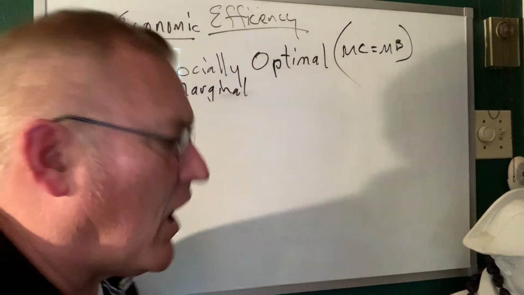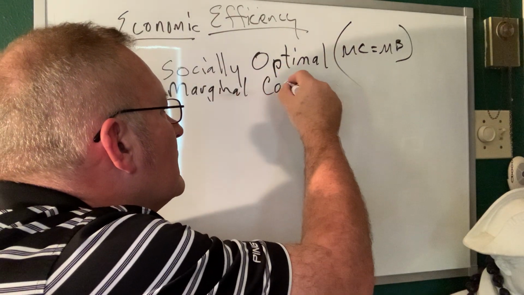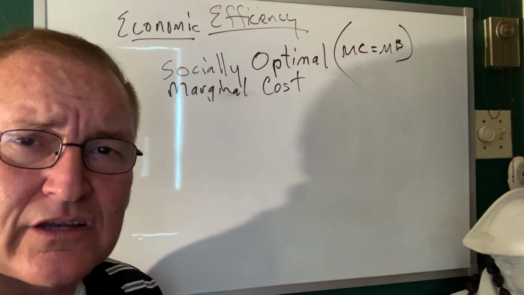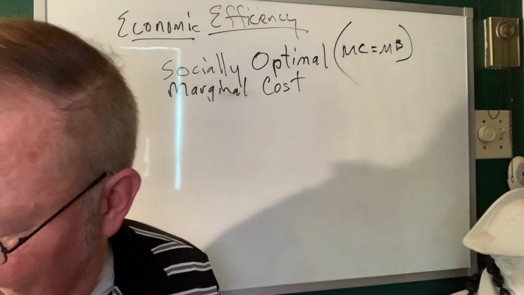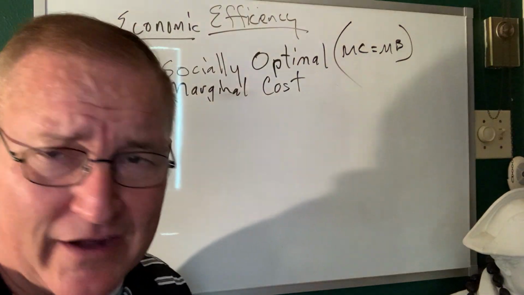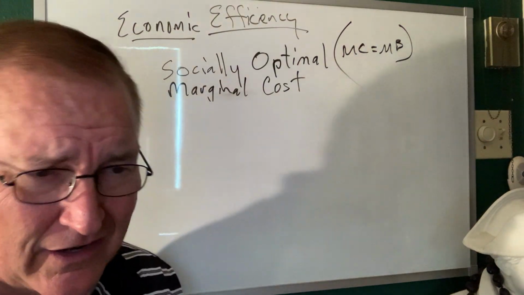Okay. Now, what about marginal cost? Marginal cost is similar in that it's the cost of the next increment of something. And honestly, I think marginal cost is sometimes difficult to wrap your mind around when you first start studying economics.